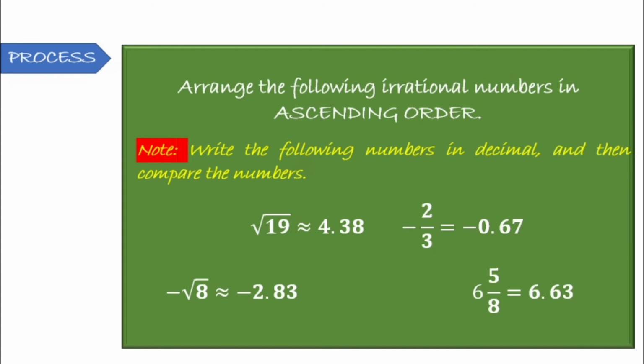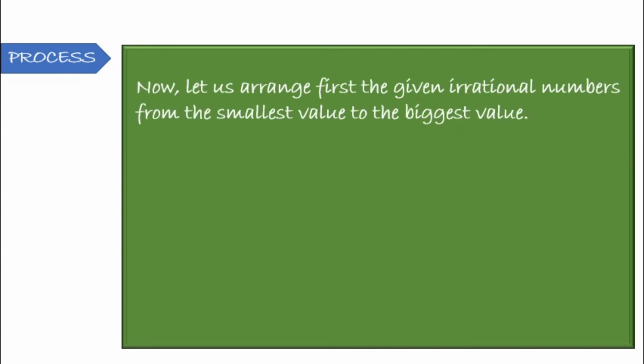Square root of negative 2/3 is equal to negative 0.67. Negative square root of 8 is approximately negative 2.83. And 6 and 5/8 is equal to 6.63.